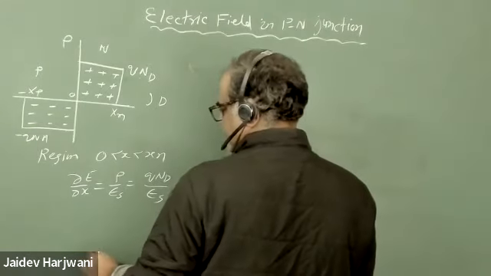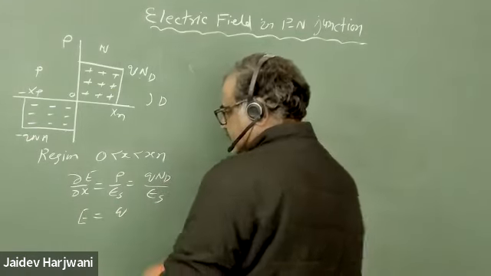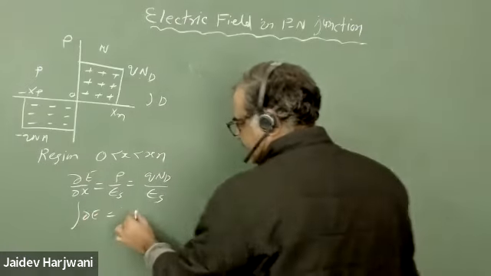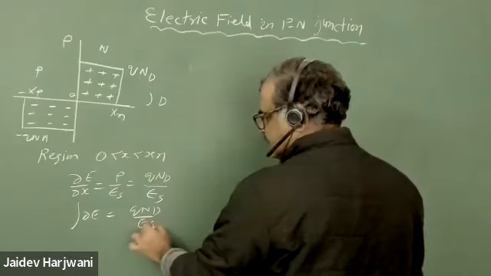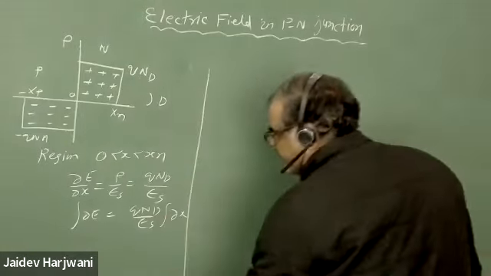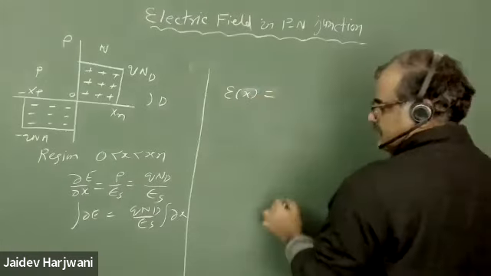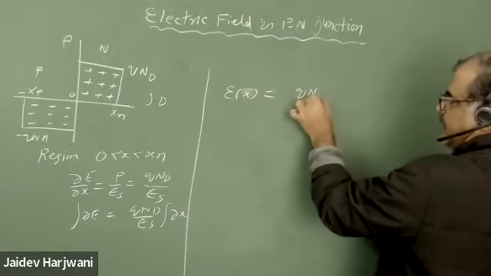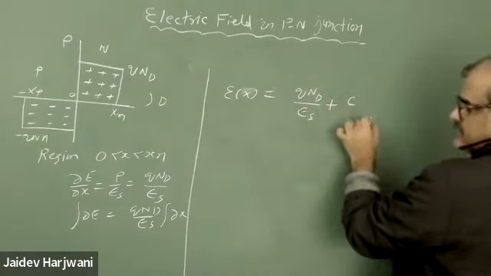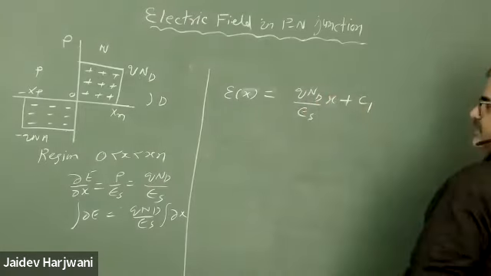If I integrate, what will I get? This will give me E as a function of x equals qN_D upon epsilon_s times x, plus a constant c1.